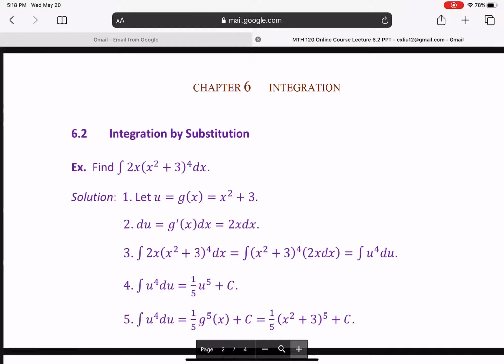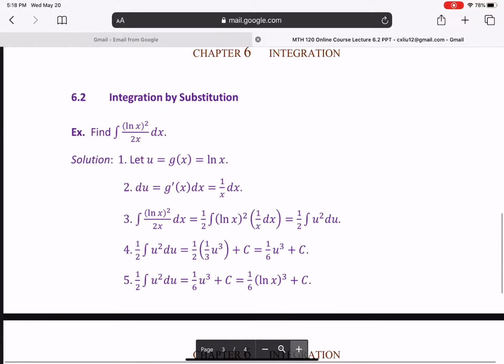So step 4, we can easily integrate u to the fourth du to get 1 over 5 u to the 5 plus c by the power rule. Step 5, just replace u by x squared plus 3 as we defined in step 1. So we get 1 over 5 (x squared plus 3) to the 5 plus c. So that's the final answer.